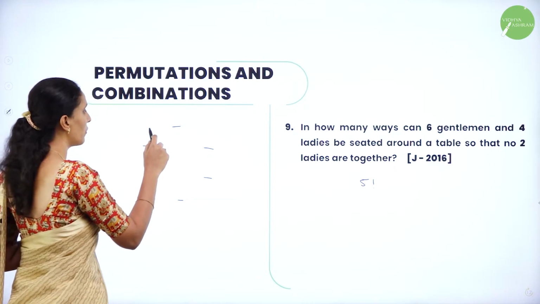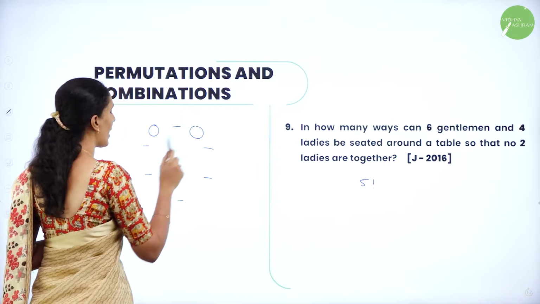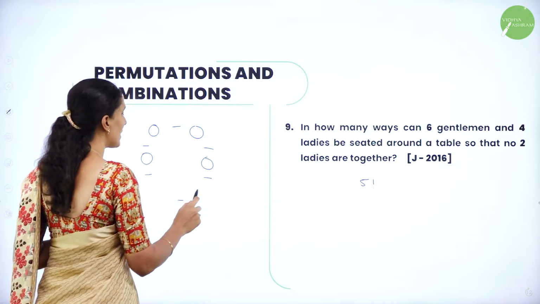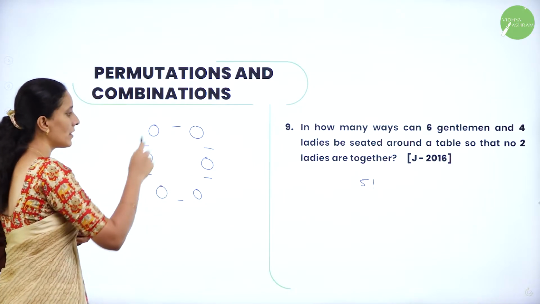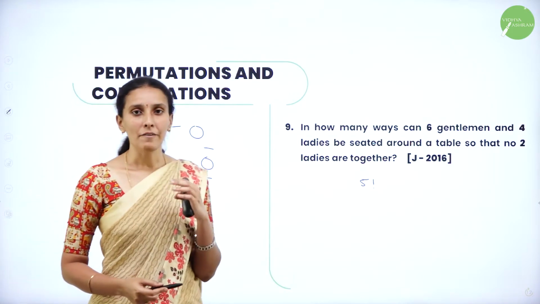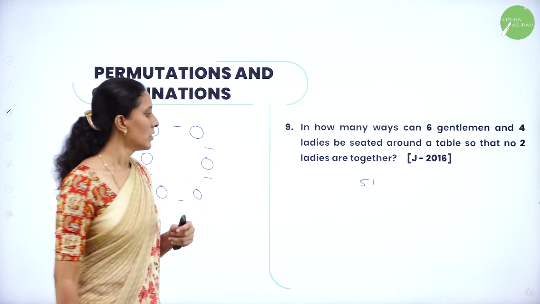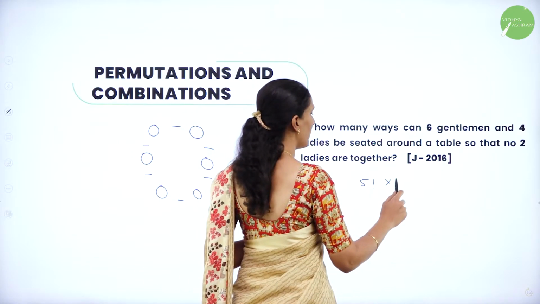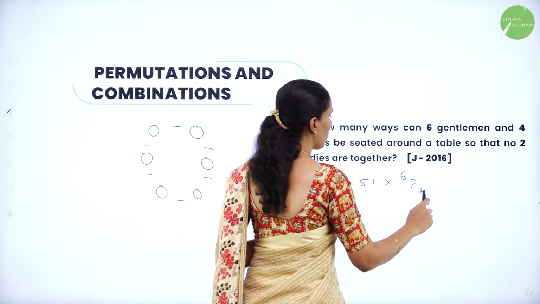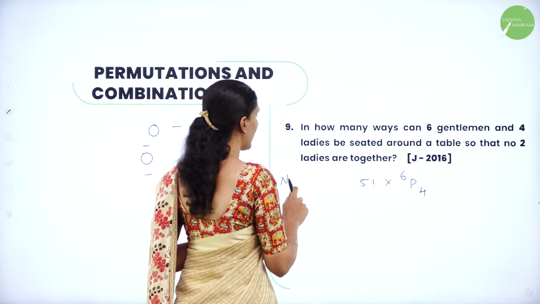Now we have 4 ladies being seated around the table so that no 2 ladies sit together. That means we have to fill in between. So how many places do we have for ladies? Again we have 6 places. From those 6 places, they have to select only 4 places to be seated. So therefore the arrangements will be 6P4.